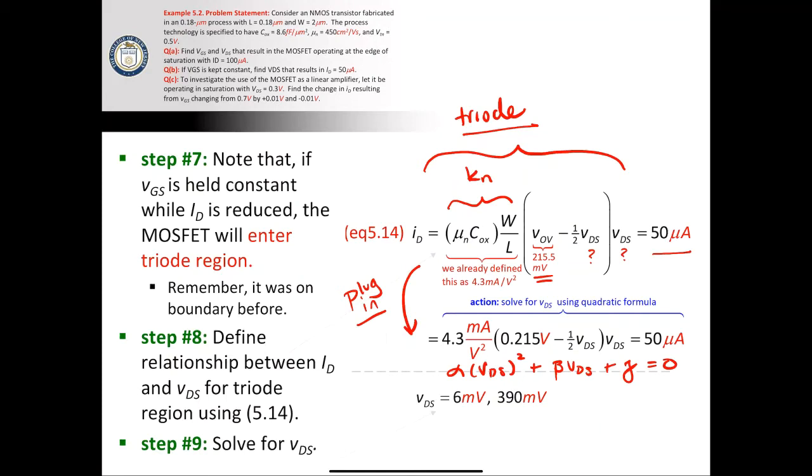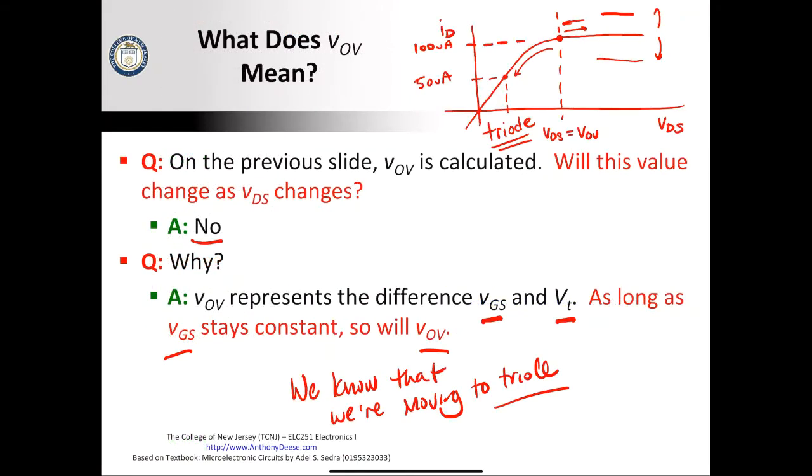I didn't show that explicitly, but if we applied the quadratic formula, we would end up with two answers, as the quadratic formula will often provide: 6 millivolts and 390 millivolts. First things first, we know that we're not going to have two answers here. We're only going to have one.